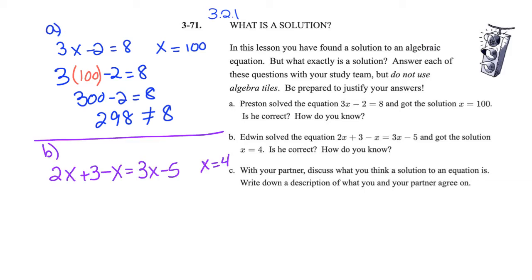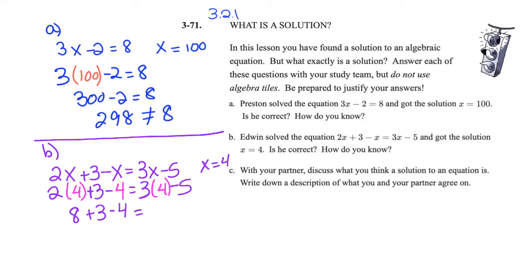For part B, Edwin believes that x is 4. So we're going to take all of the x's out and we're going to put 4 in its place and see if we get the same value on each side. Okay, so I've got 8 plus 3 minus 4.